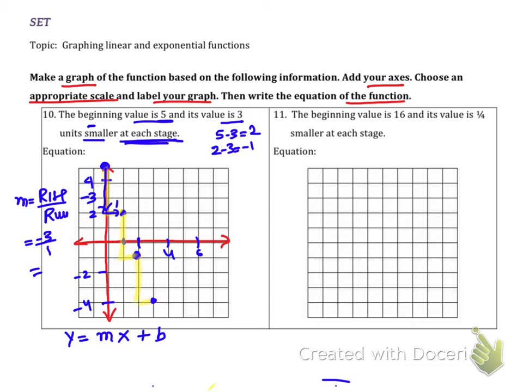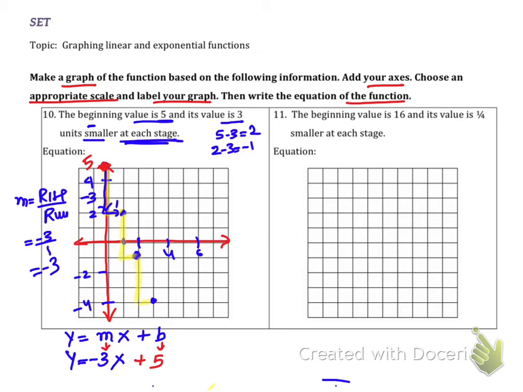So negative 3. So that's y equal to negative 3x, and the y-intercept is the point where it is intersecting the y-axis. So at this point, if you read the y value, that is 5. So that's the y-intercept. So you replace this b by 5, this m by negative 3.